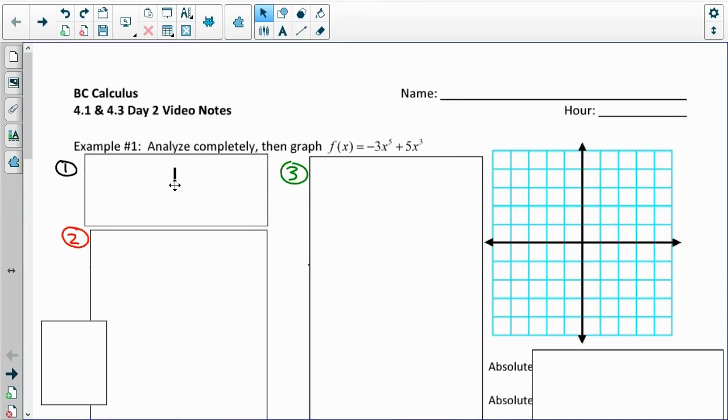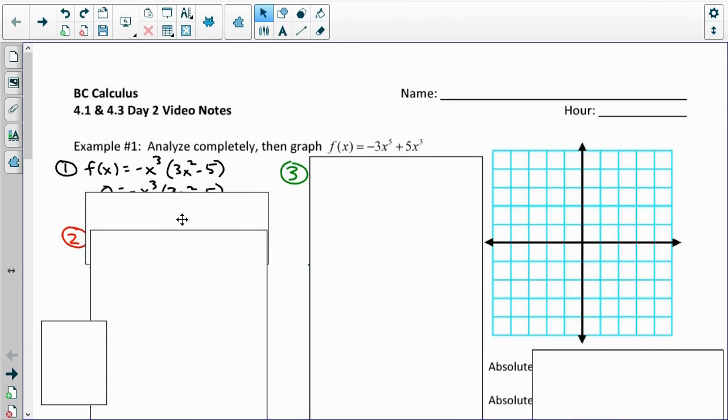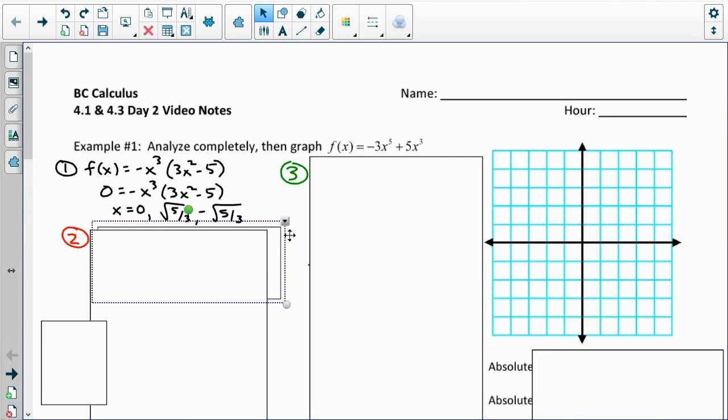So if we take a look, the first thing that we want to do is look at the function. So the function, when it's equal to 0, is at negative and positive square root of 5/3, as well as 0.